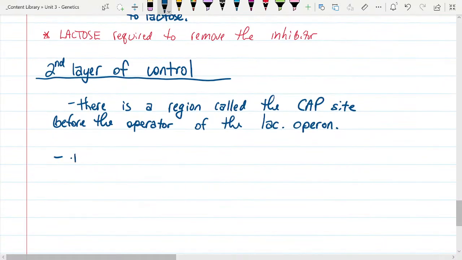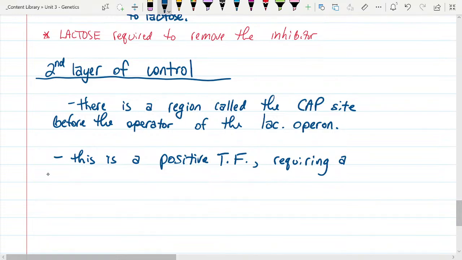All right? This is a positive transcription factor. And it requires a molecule called cyclic AMP. Do you want me to write out adenosine monophosphate? Oh, I'm going to do it.